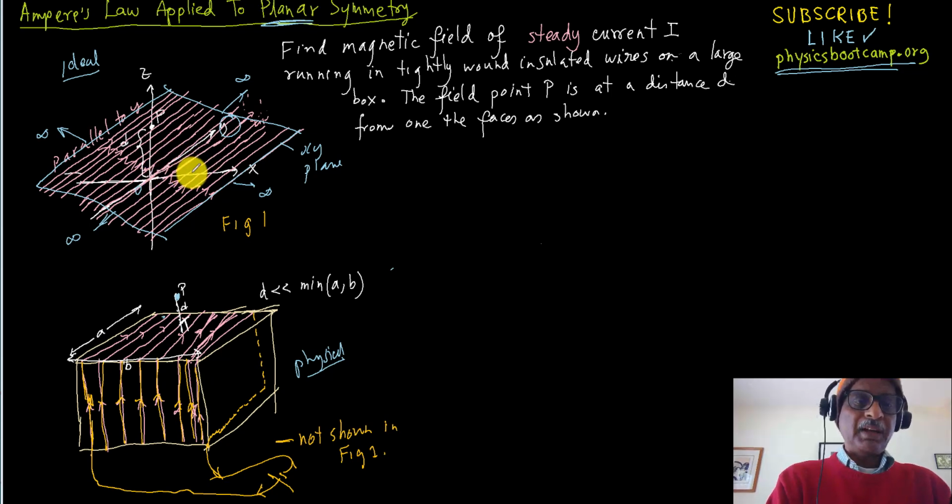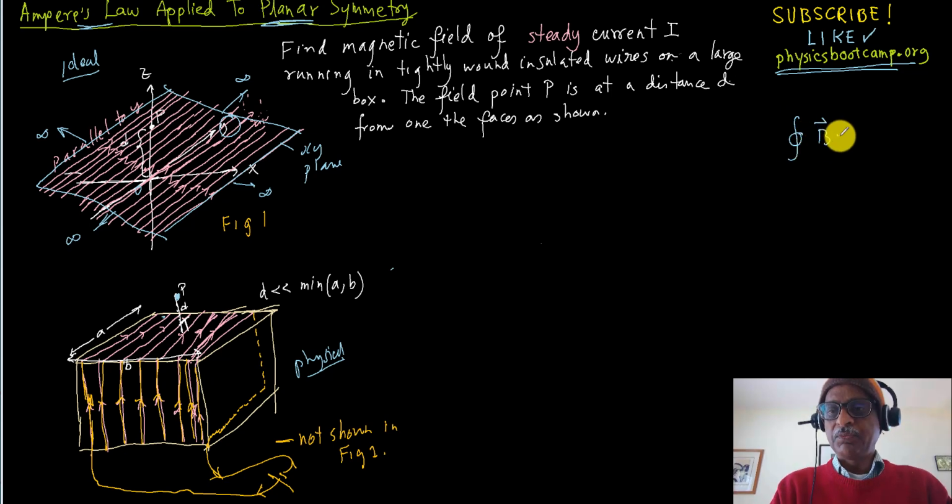So let's look at one of the wires. How do I get the magnetic field at point P? When we apply Ampere's law, we are trying to set up this problem on some kind of closed oriented loop in space.